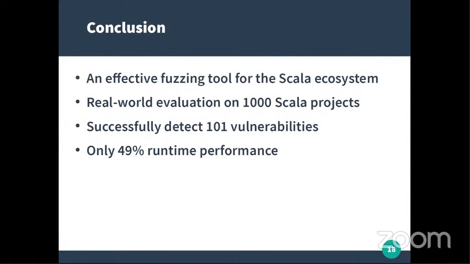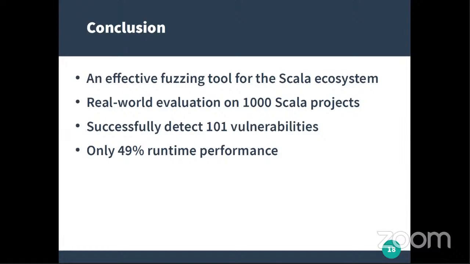So in conclusion, in this presentation, I introduced Kaizen as an effective fuzzing tool for the Scala ecosystem. This tool takes the complexities of real-world Scala projects into consideration. The main technique here is detecting and analyzing exploitable paths by performing backward slicing and the call graph of a given program.